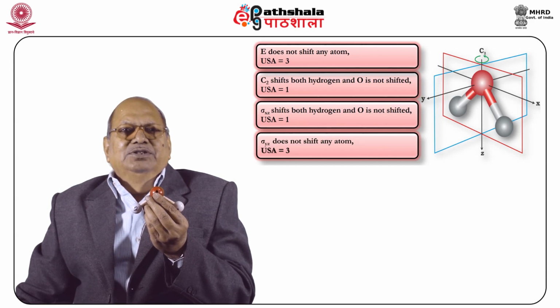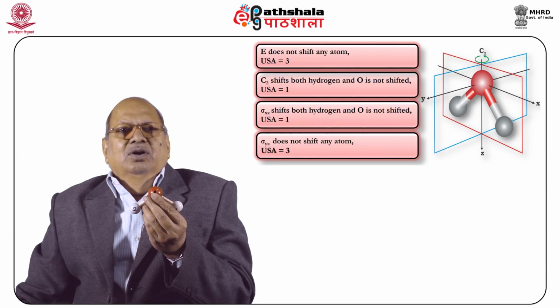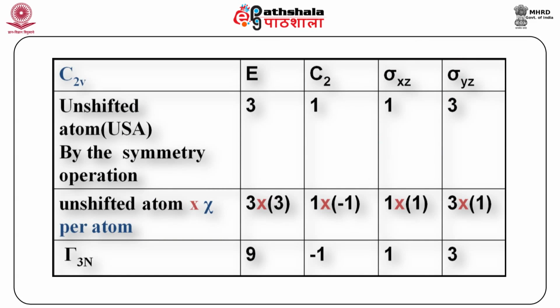By performing sigma xz, only the oxygen atom is unshifted. These results are given over here in the form of a table. That is, the unshifted atoms are 3, 1, 1 and 3: 3 under E, under C2 it is 1, under sigma xz it is 1, and under sigma yz it is 3.